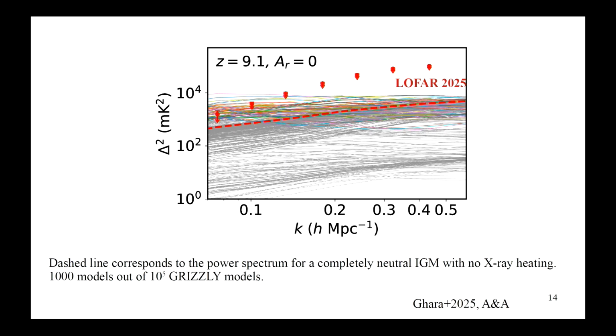What we see is that only a tiny bit of models are actually above the 1 sigma level, and these models, which are presented in color, have a higher probability of being ruled out. So the models which are above, let's say here, are ruled out at the 1 sigma level. Now these are only 5 to 10% of the total set which we use. It's not very good at this stage.